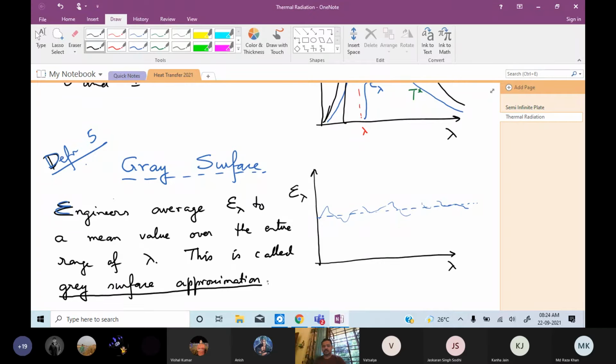It is possible to create such surfaces. The numbers I told you are something I just made up, but it is possible to have engineered surfaces which have extremely varied values of emissivity over certain wavelengths. In such a case, if you want to average it out and make a gray body approximation, you cannot do that. It's not going to be a good approximation.